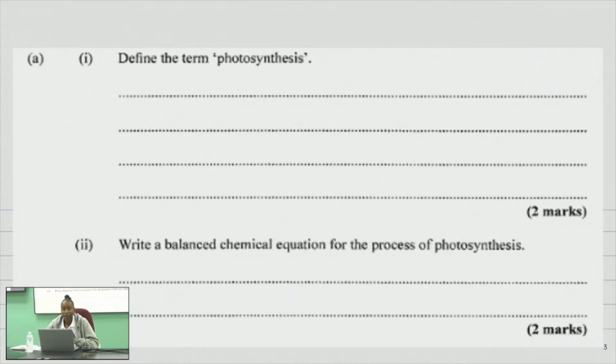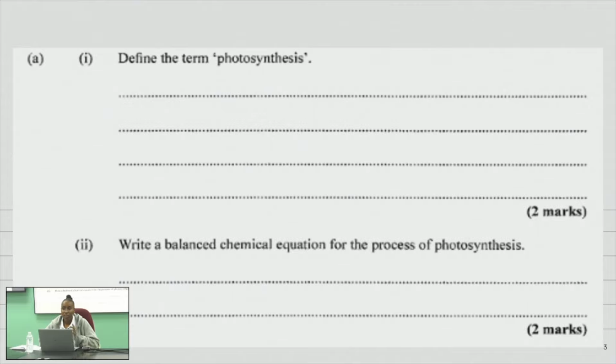And a sample definition for photosynthesis could be the process by which plants or algae or even some bacteria use simple inorganic molecules, which is our carbon dioxide and water, in the presence of chlorophyll and sunlight to produce our organic molecules, which is our glucose and oxygen.